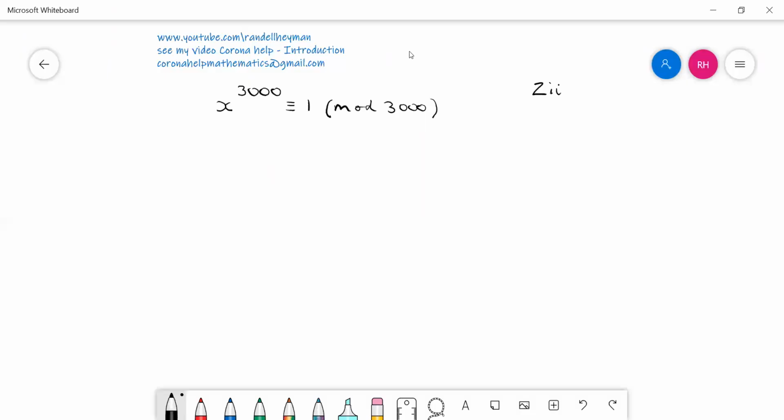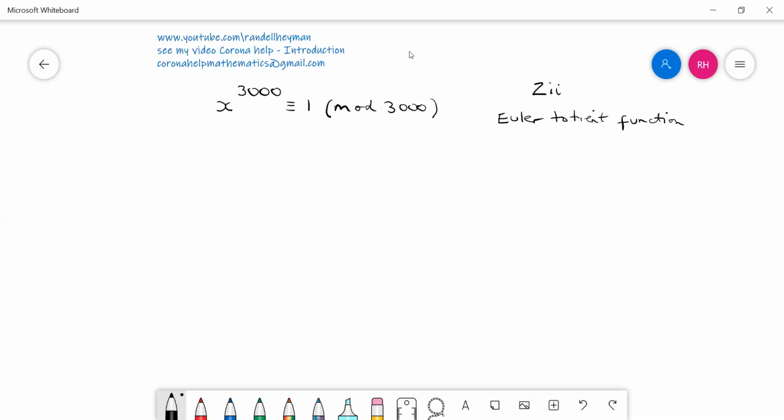So we start out here with x to the power of 3000 is equivalent to 1 modulo 3000. This applies to basically all x, and comes from the Euler-Totient function. I've actually got another video, Euler-Totient function made easy, so you can check that out, but it's not relevant to what we're doing here.